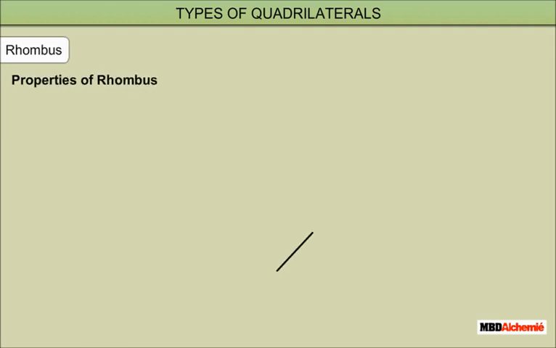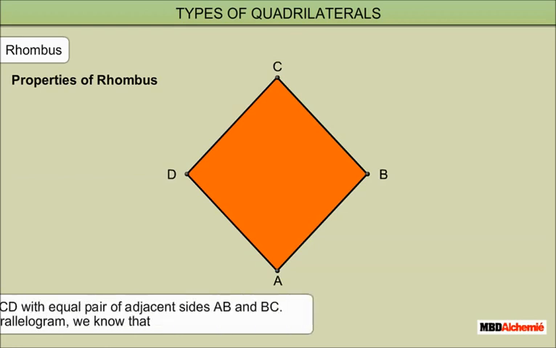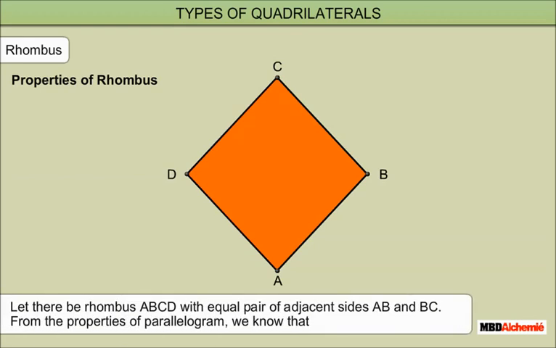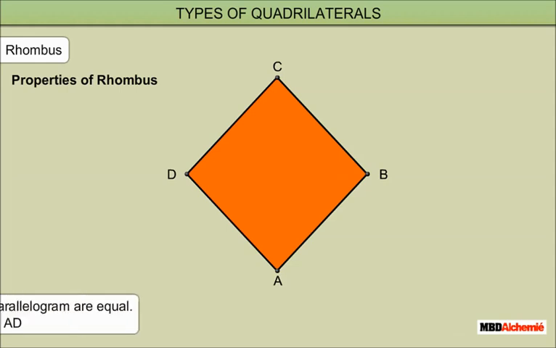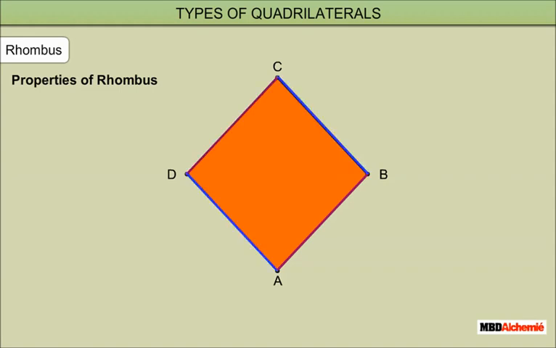Rhombus. Properties of rhombus. We know that a rhombus is a parallelogram with a pair of adjacent sides equal, as drawn in the figure. Let there be a rhombus ABCD with equal pair of adjacent sides AB and BC. From the properties of parallelogram, we know that opposite sides of a parallelogram are equal. Therefore, AB is equal to CD and BC is equal to AD.